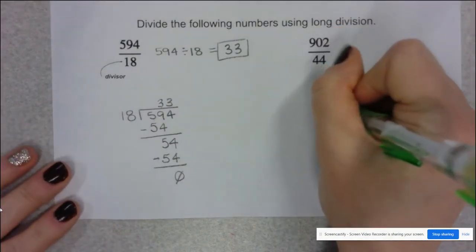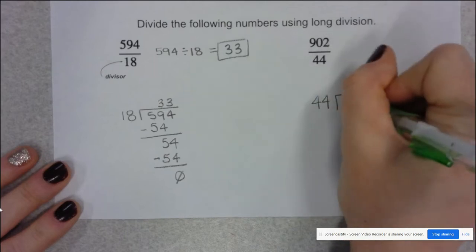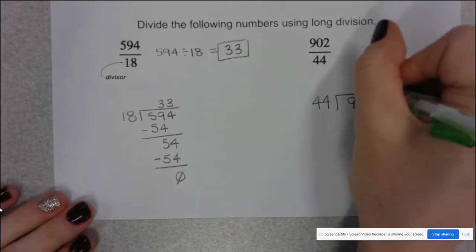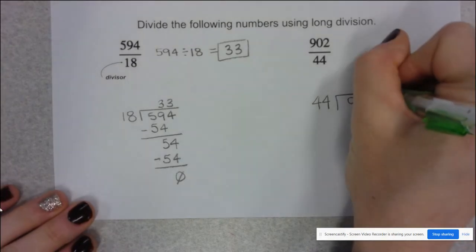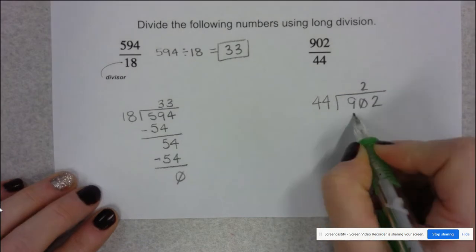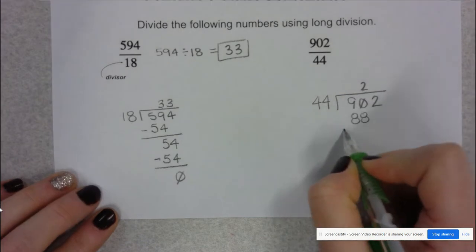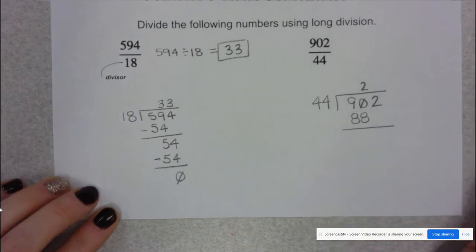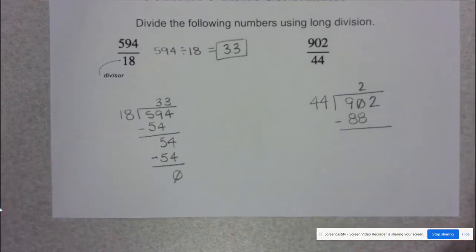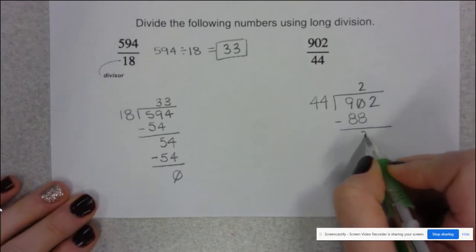I'm dividing 44 into 902. So 2 44s gives me 88. That's as close as I can get to 90. So 2 times 44 gives me 88. Subtracting that gives me 2.